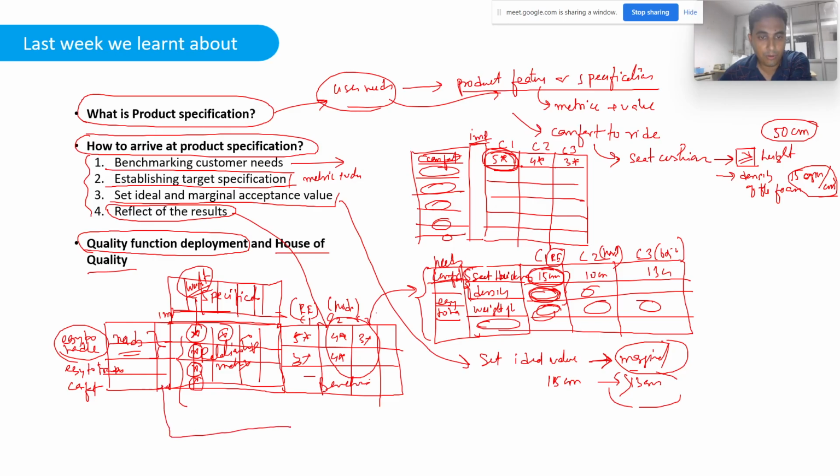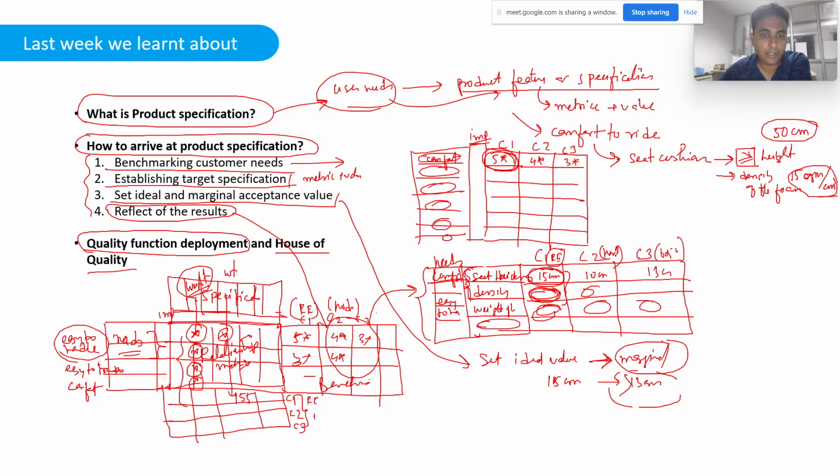Similarly, below we map the specification values for all the three companies. So this is company C1, C2, C3, and for a particular specification, for C1, what is the value? For example, if it is weight, then 155 can be for Royal Enfield.